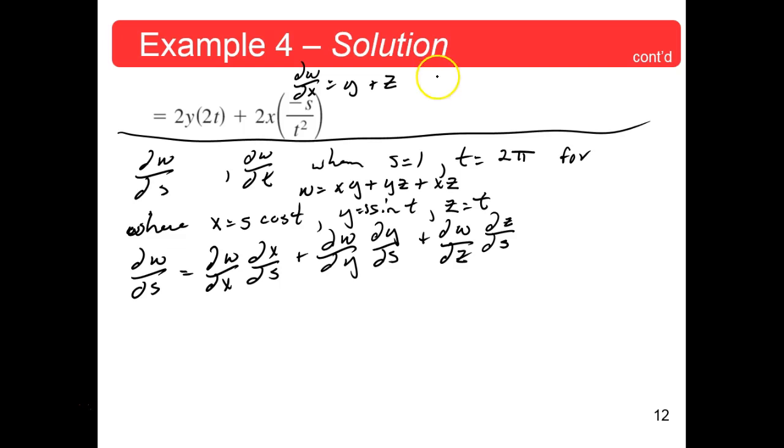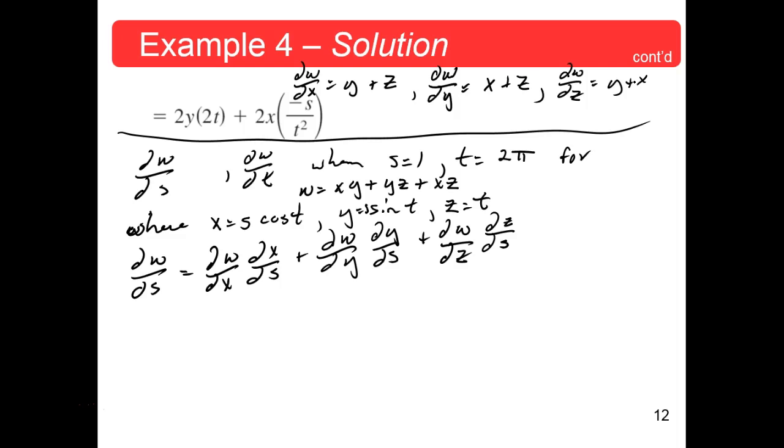Partial of w with respect to y is going to be x plus z. And the partial of w with respect to z is going to be y plus x. Okay, I believe I've got all those right.